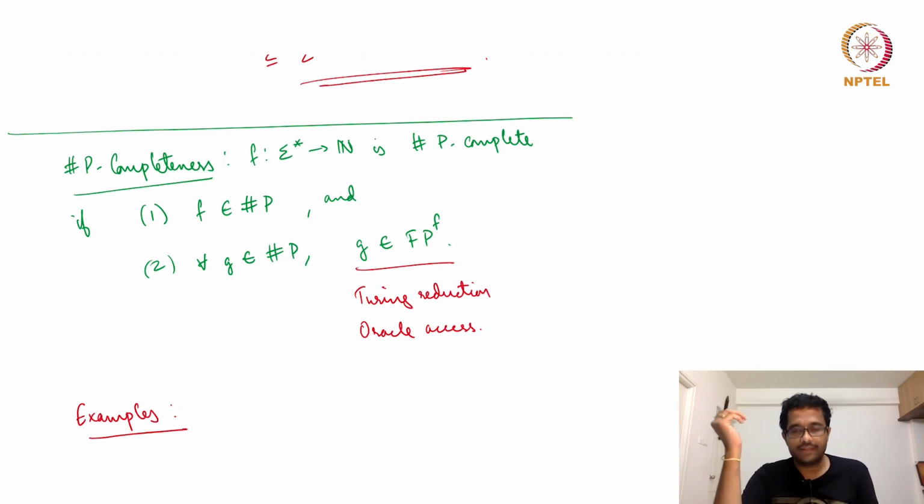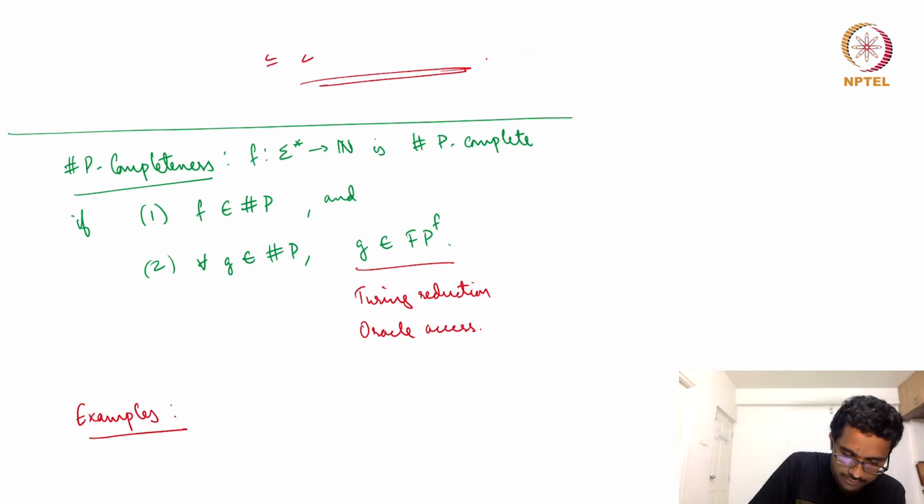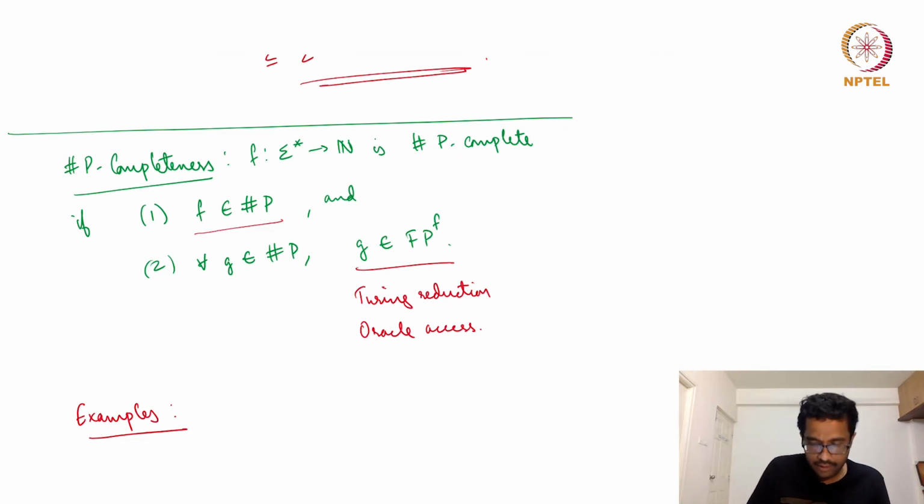A function F is Sharp-complete if F is in Sharp, which is the first step, and all the G in Sharp reduce to F. Till now we have used many-one reductions, but here we will use the Turing reduction, which we saw while we defined the oracle model. We mentioned Turing reduction especially while talking about the Baker-Gill-Solovay theorem.